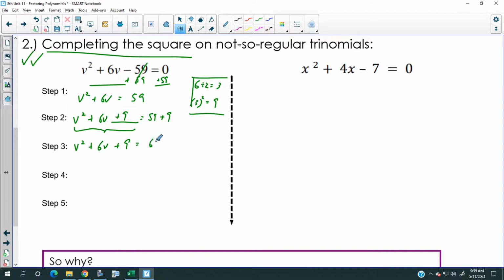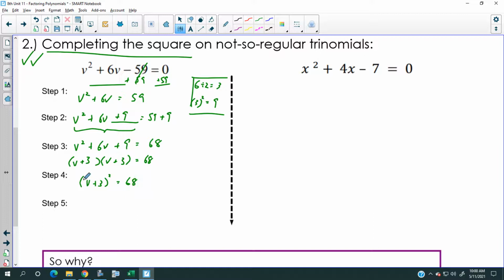Yeah, okay. Now, here, I know what this is already, right? It's a perfect square. By the way, how many times can I say perfect square trinomial in this one video? All right, so that's 3 and 3, right? That equals 68. I can rewrite that, right? V plus 3 squared equals 68.